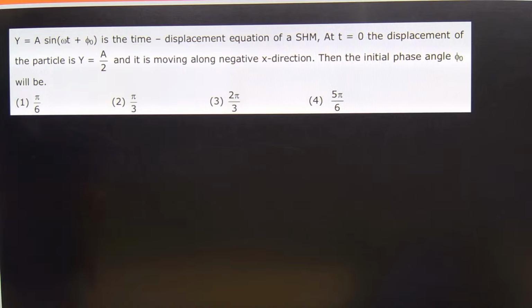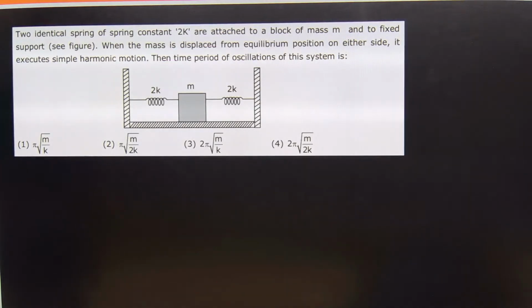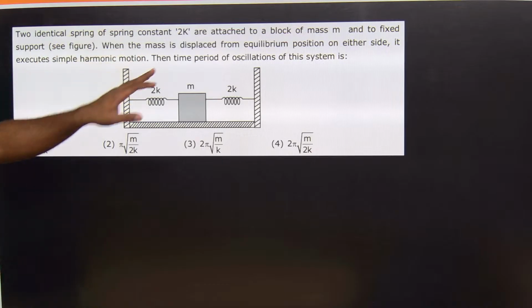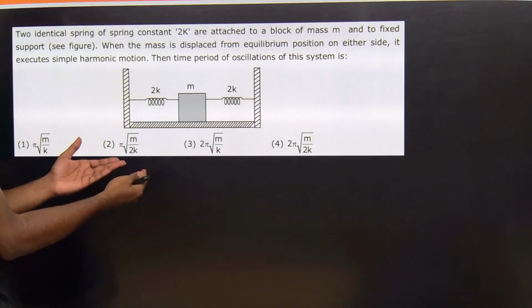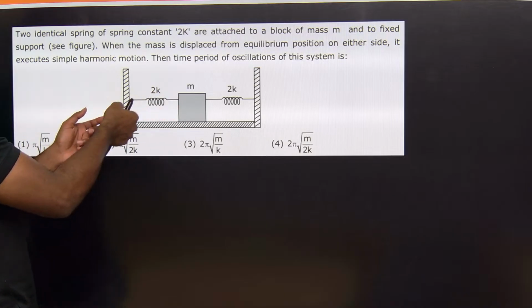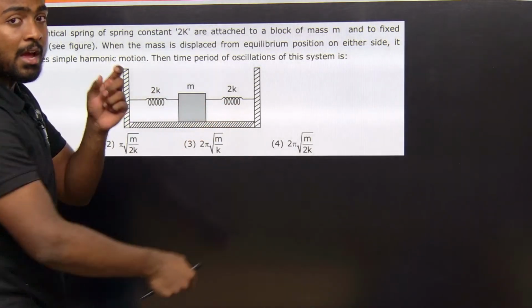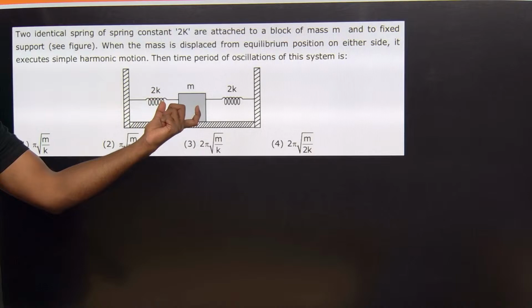Two identical springs of spring constant 2k are attached to a block of mass m and fixed support. When the mass is displaced from the equilibrium position on either side, it executes simple harmonic motion. If I try to move this one, it will also move, yes or no? This also moves an equal distance, which means this is in a parallel condition.